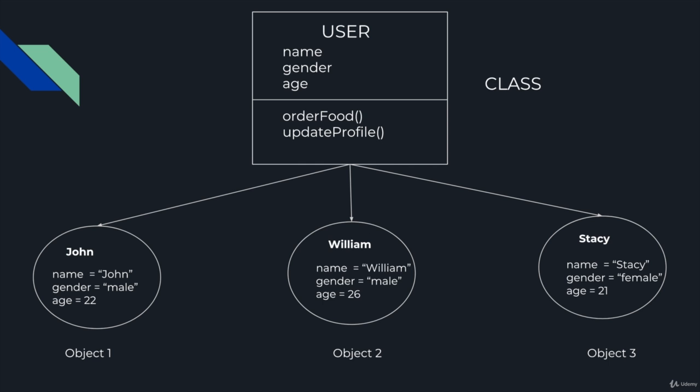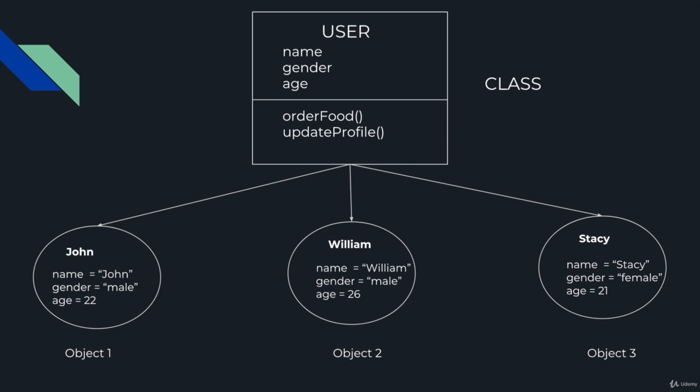Similar to John, we can create multiple objects like William and Stacy, which have their own state and behavior. The state will be name, gender, and age, like you can see. These are multiple objects created using a template or a blueprint, which is nothing but a class.